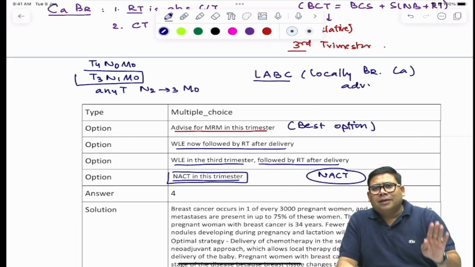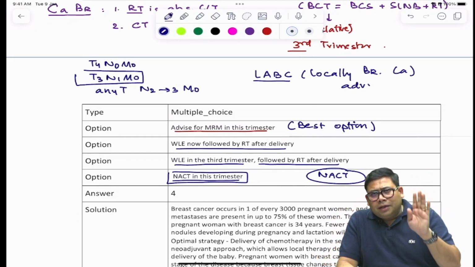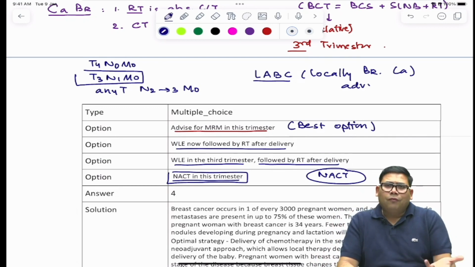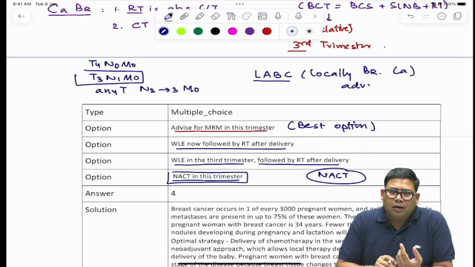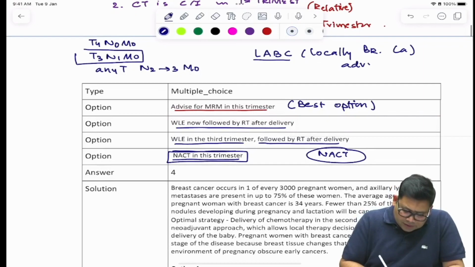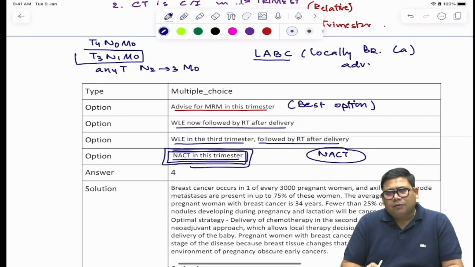The literature says that if it is a LABC, you have to manage this patient with MRM. So obviously this is not an option for her. The correct answer in this case should be 4. This is the best management for her.